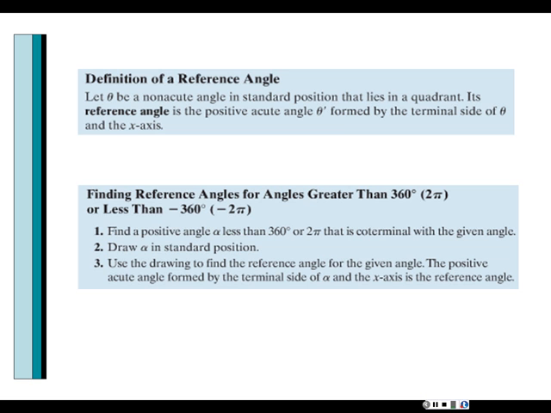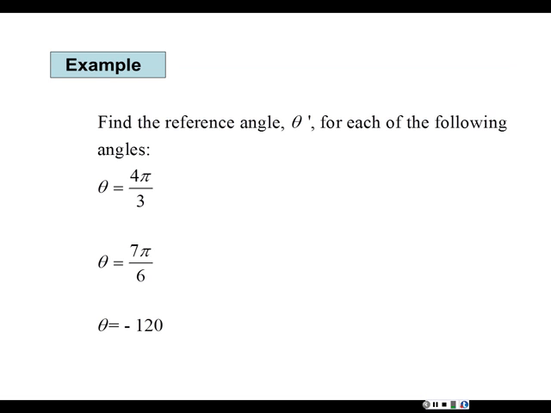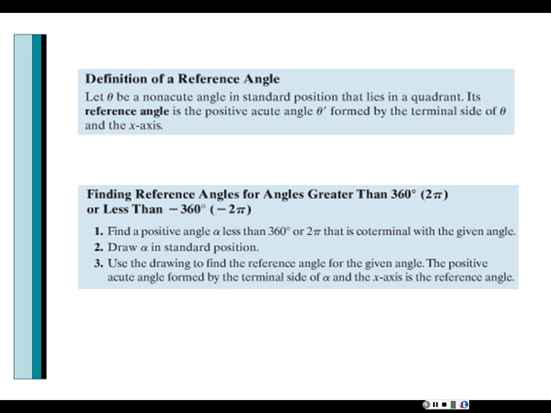Now here, some examples are here. Let's see whether we can find it out. Remember, what we are going to do is find an angle alpha less than 360 or 2 pi, because 360 or 2 pi is the same thing, that is coterminal with the given angle.